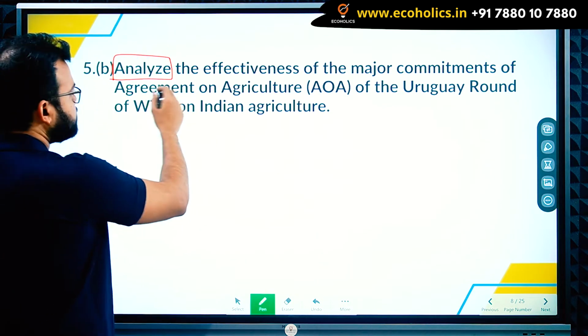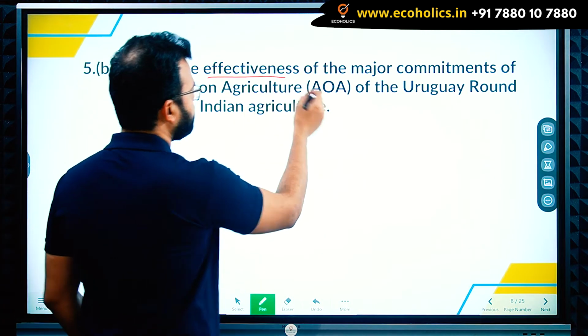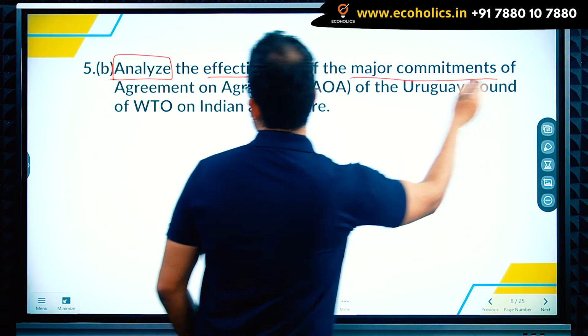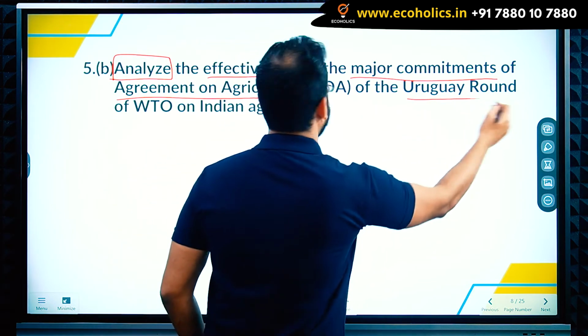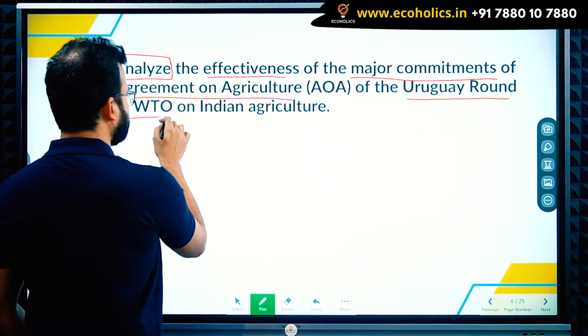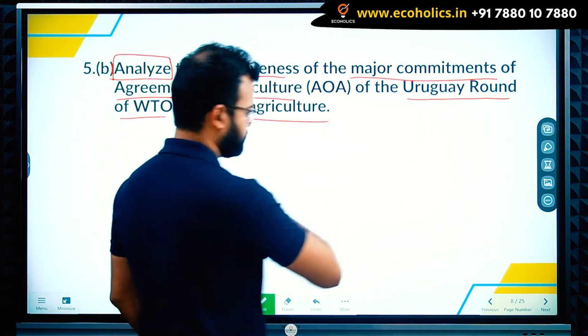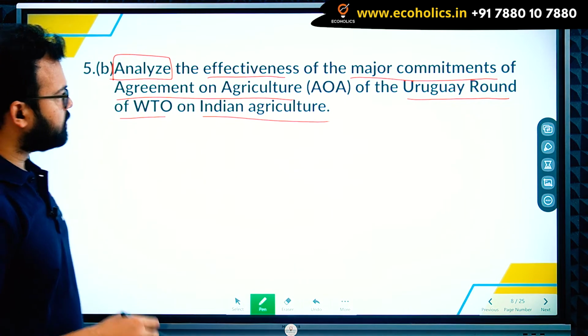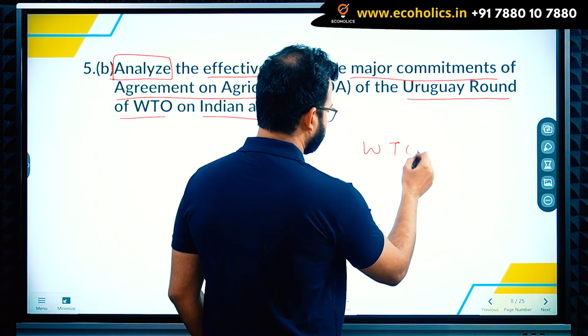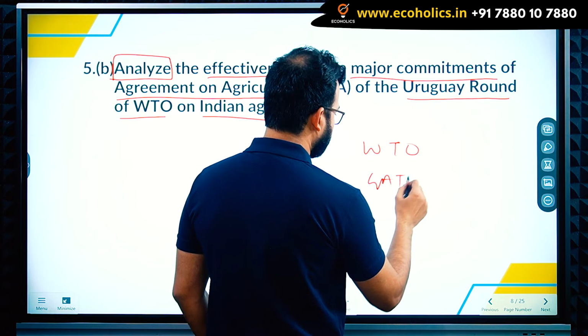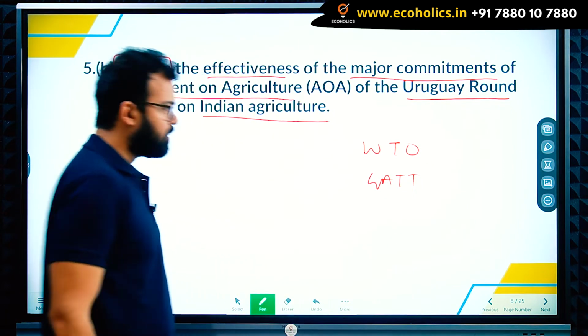Analyze the effectiveness of the major commitments of the Agreement on Agriculture of the Uruguay Round of WTO on Indian agriculture. Now you remember that before WTO, there was an organization called GATT, the General Agreement on Tariffs and Trade.